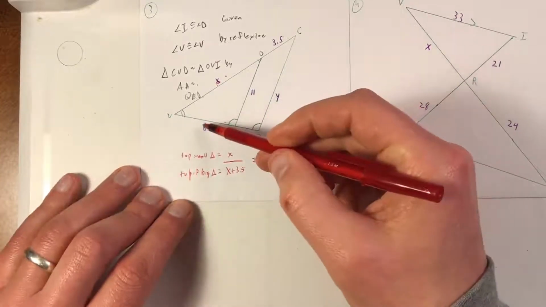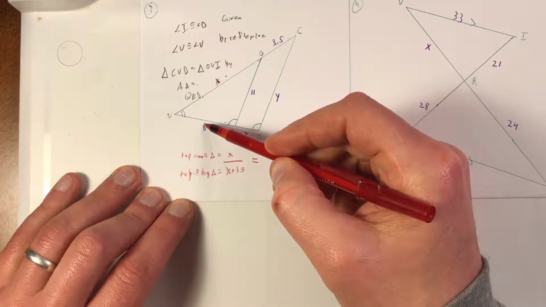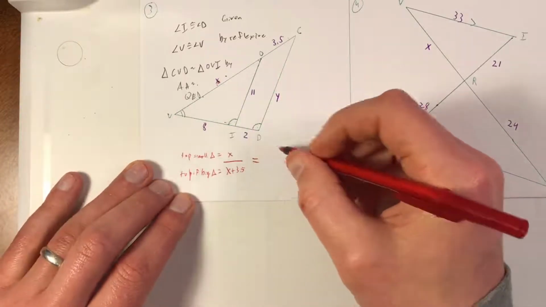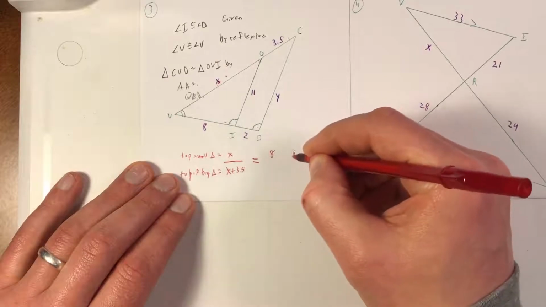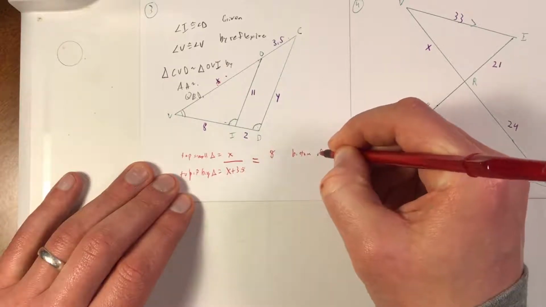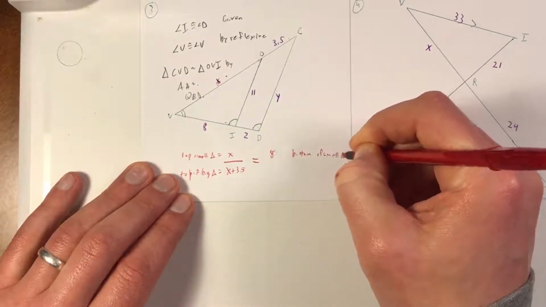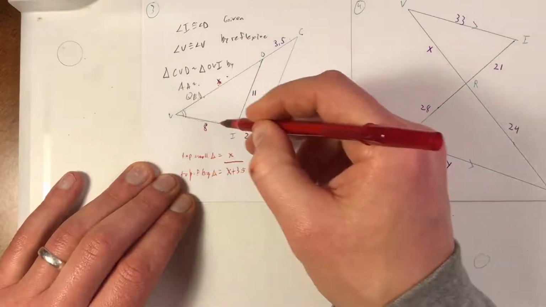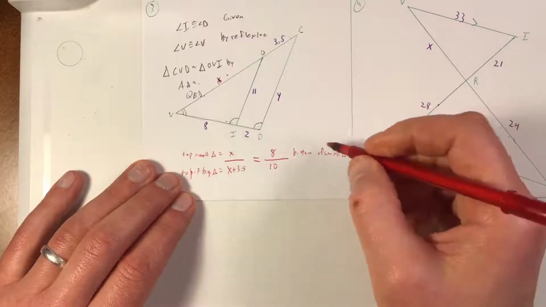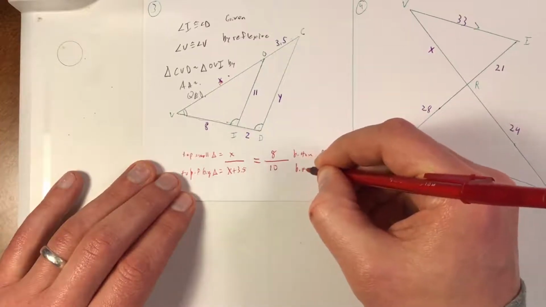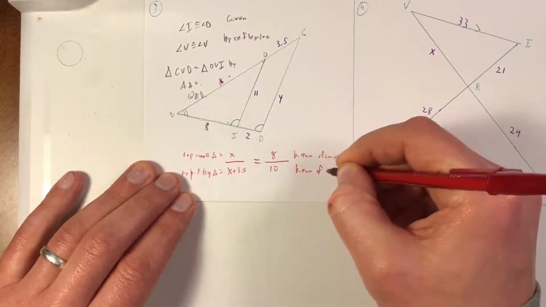And then now over here, I've got 8 is the bottom of the small triangle. Then the whole bottom of the large triangle would be 10. Okay, so now I've got to set up here. Bottom of large triangle.